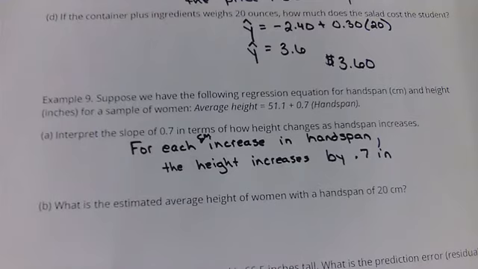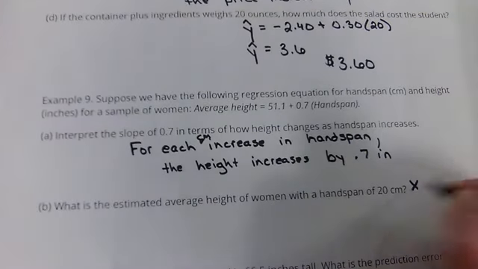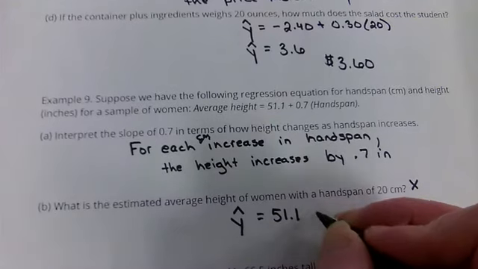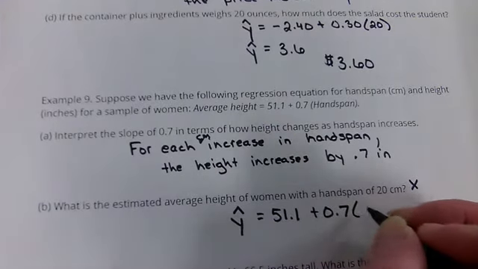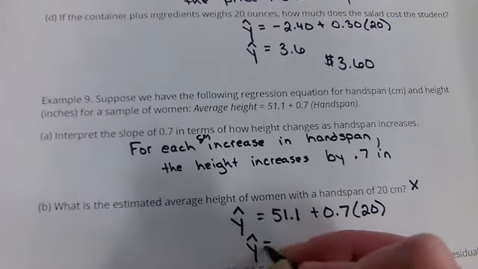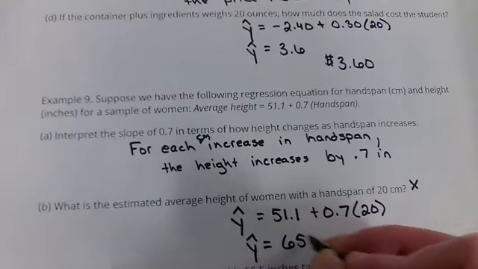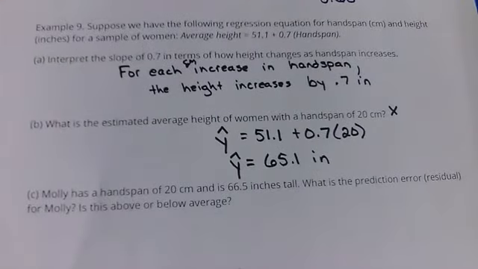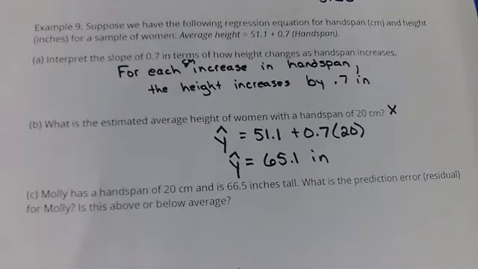What is the estimated average height of a woman with a hand span of 20 centimeters? That's an X value. Now it tells me that Molly actually has a hand span of 20 centimeters and is 66.5 inches tall. What is the prediction error or the residual?